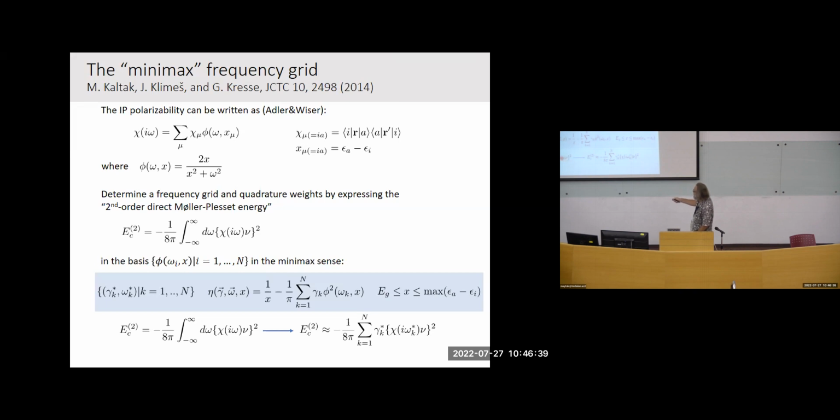So in the end, if this is the exact expression for this direct Møller-Plesset 2 energy, then we get an approximation to this energy, basically by evaluating this at a certain number of frequencies and multiplying with these quadrature weights. And from this approximation, we then know that the maximum error made on this interval of energy is minimized.